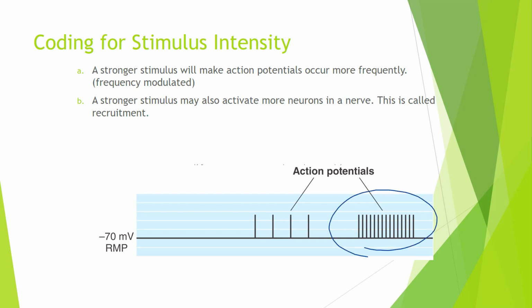However, a strong stimulus can also activate more neurons in a nerve, and so this can cause more recruitment. Since action potentials are all or none events, a strong stimulus can't produce an action potential of a greater amplitude. Rather, identical action potentials are going to be produced more frequently.